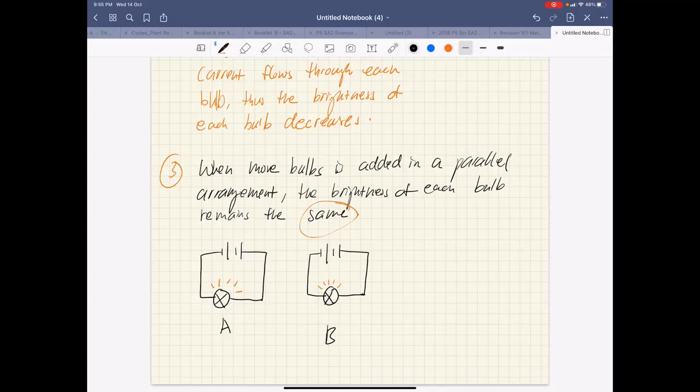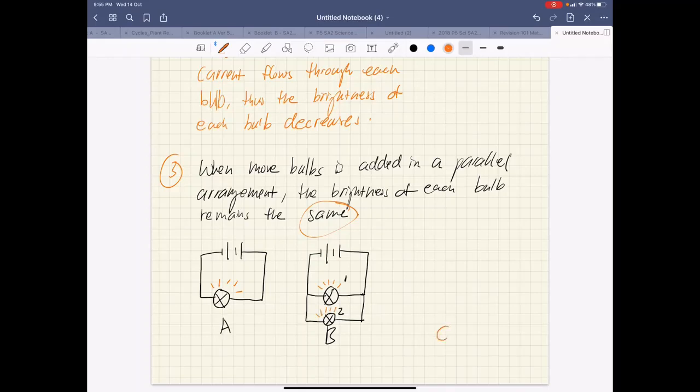But wait, I'm going to add one more light bulb arranged in parallel. Why parallel? Because bulb 1 is parallel to bulb 2. According to what I told you earlier, the brightness must be the same. So once again, it should be worth 5 rays of brightness.